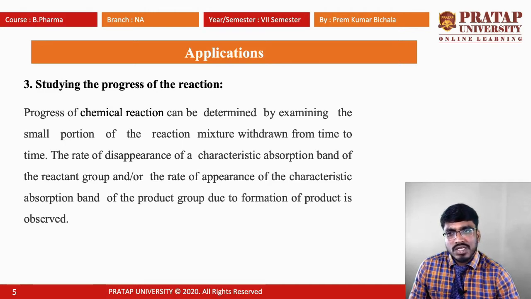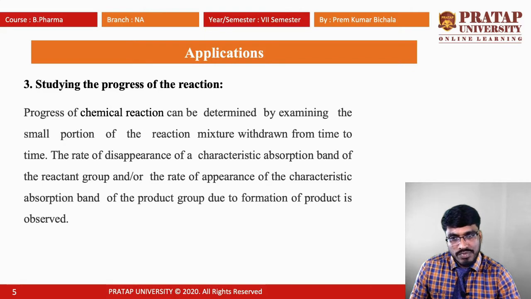The progress of the chemical reaction can be determined by examining a small portion of the reaction mixture withdrawn from time to time. The rate of disappearance of a characteristic absorption band of the reactant group, or the rate of appearance of the characteristic absorption band of the given product group due to formation of product, is observed.